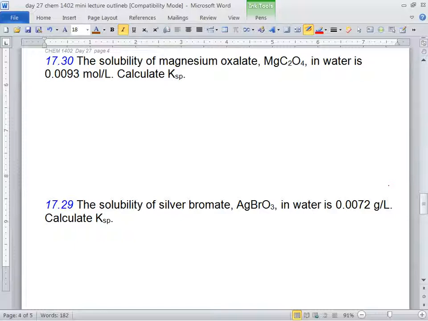Work backwards, exactly. I would set up that ICE table. And when you set up the ICE table, now you know what that 0.0093 is. That's the what in the ICE table? That's the X. Make that ICE table. You know what X is. That's your X. See if you can get it.